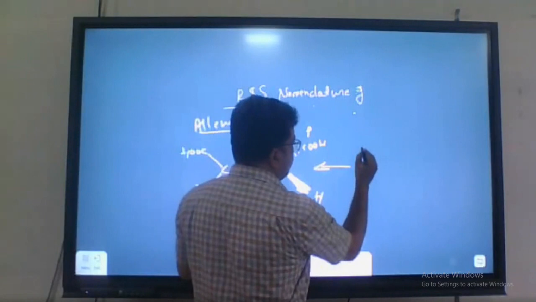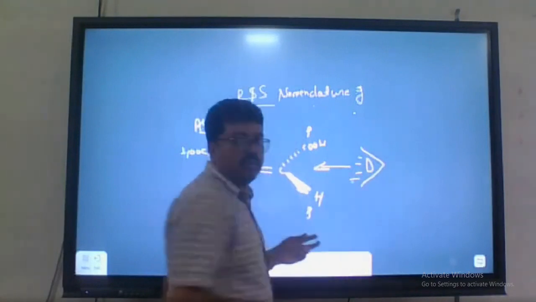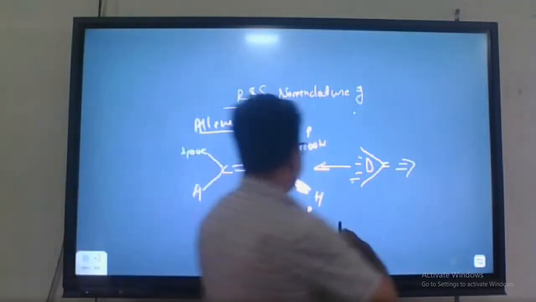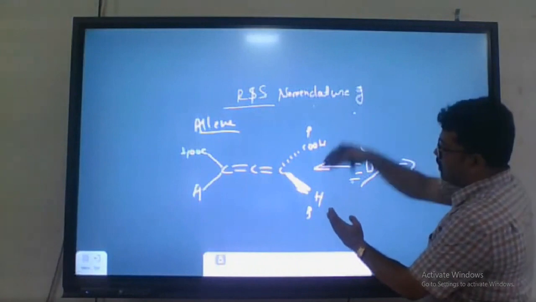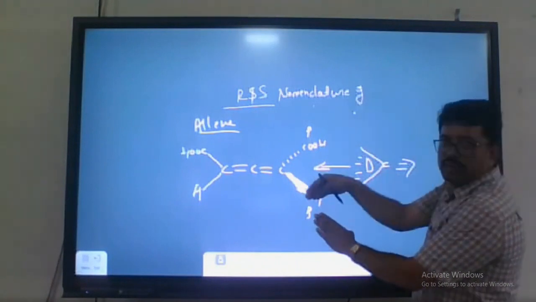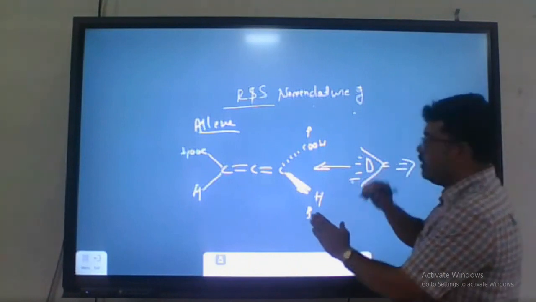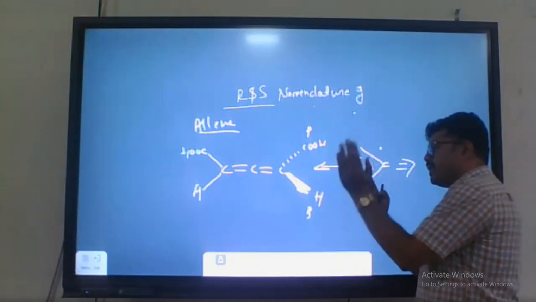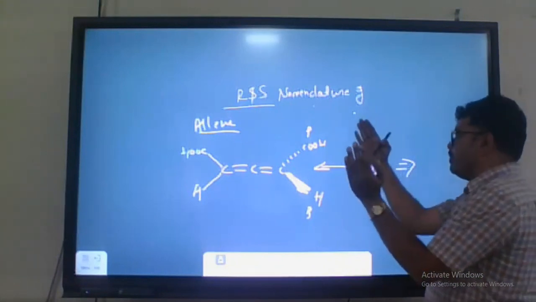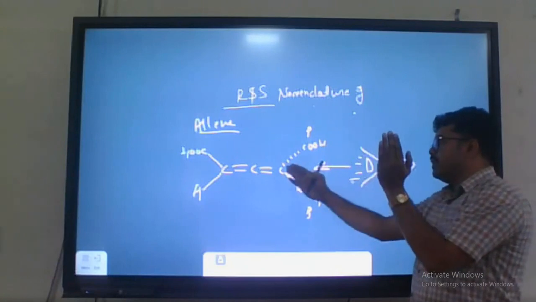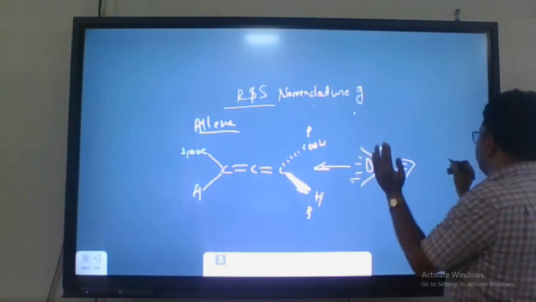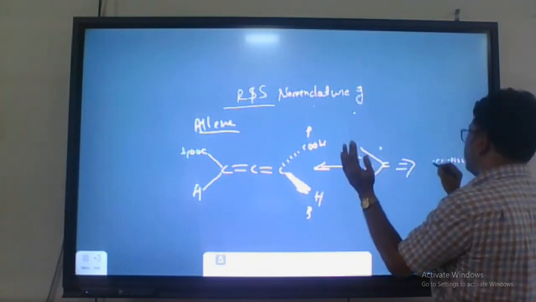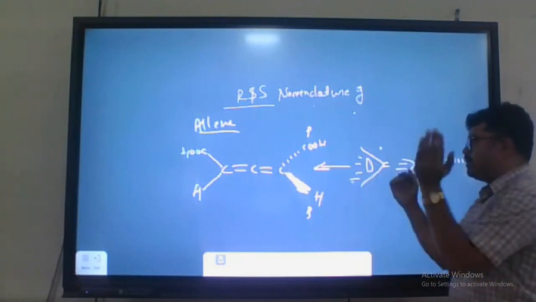We view from this side. If you view from this side, you can write it like this. One is above and the other appears below. Otherwise, since it is in the plane, it looks like this above the plane. This side means away from the board. The hydrogen is away from the board, and this is the left and right hand.